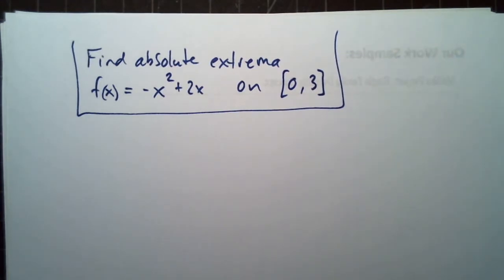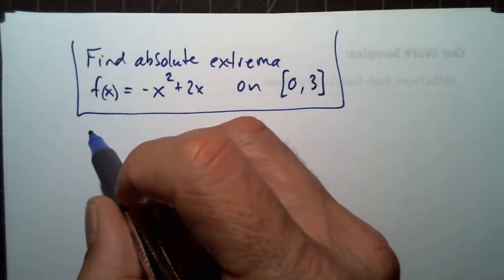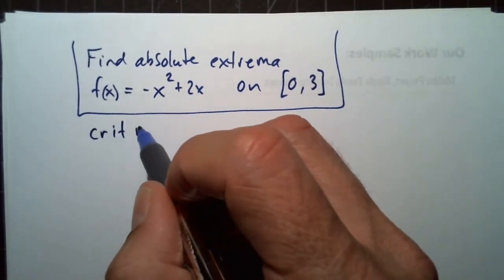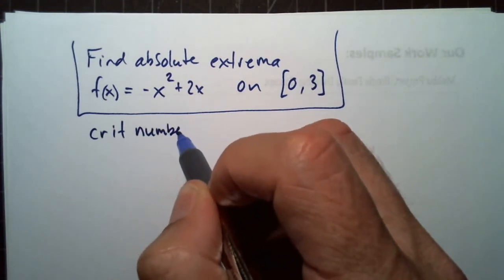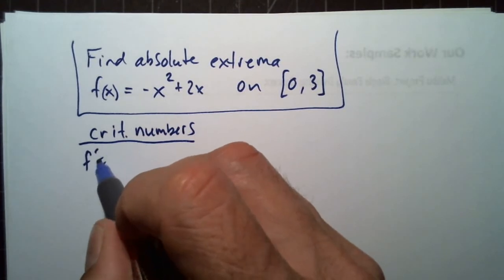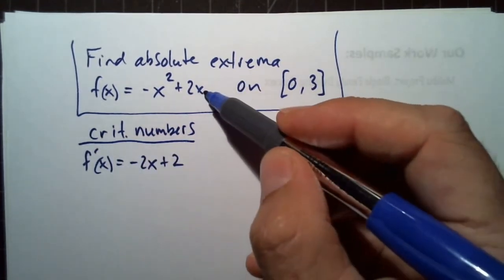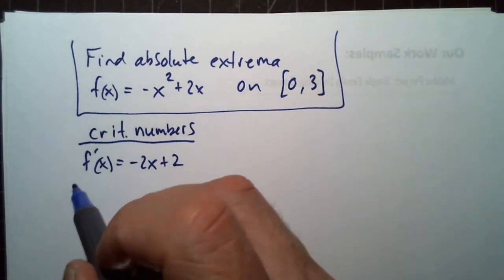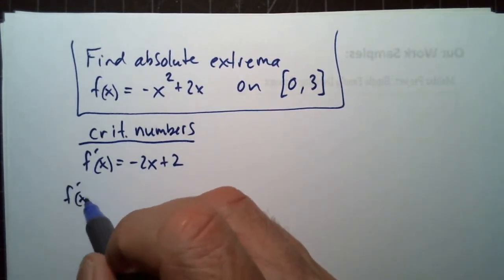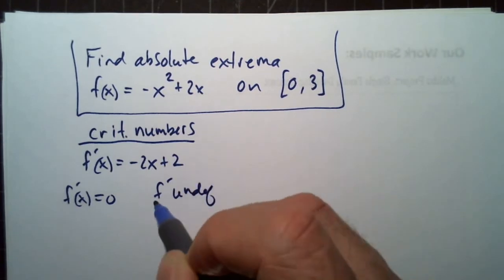Okay, pause the video and try that one. We do the derivative. We're using the power rule. We want to know when f prime is 0 and when f prime is undefined.